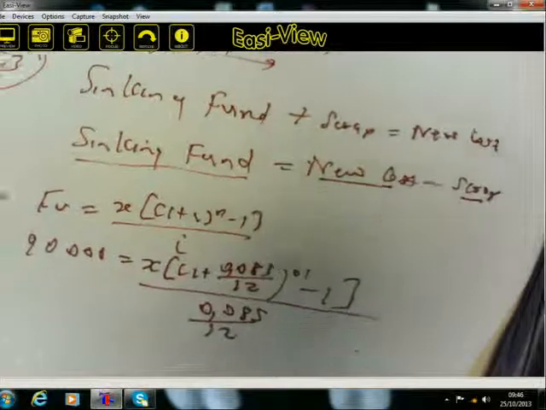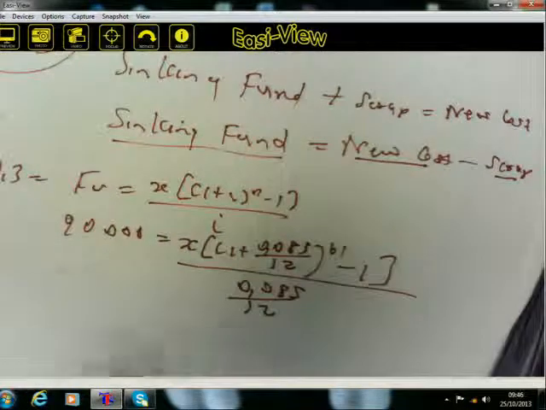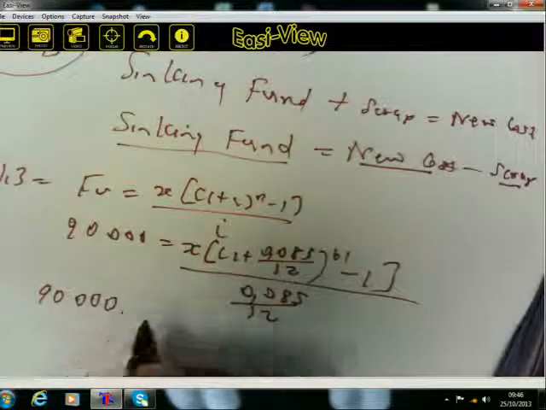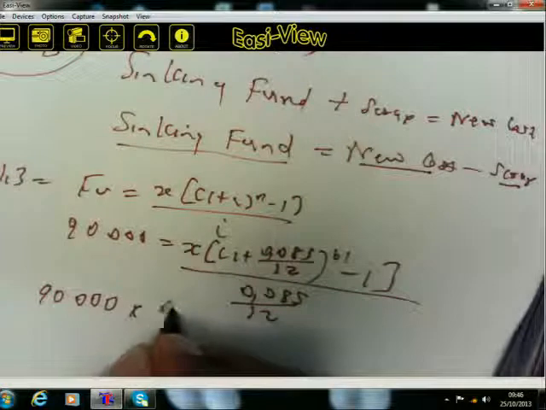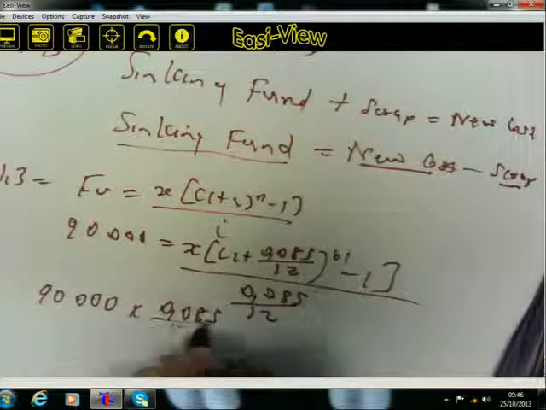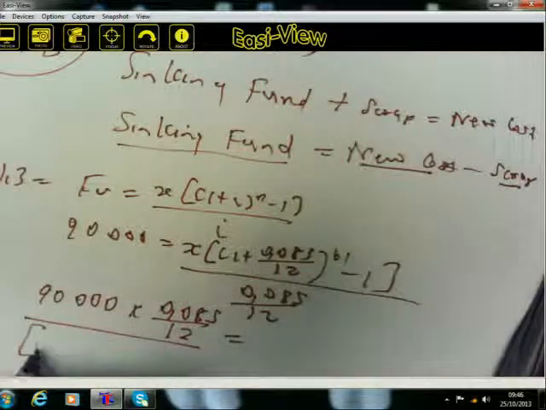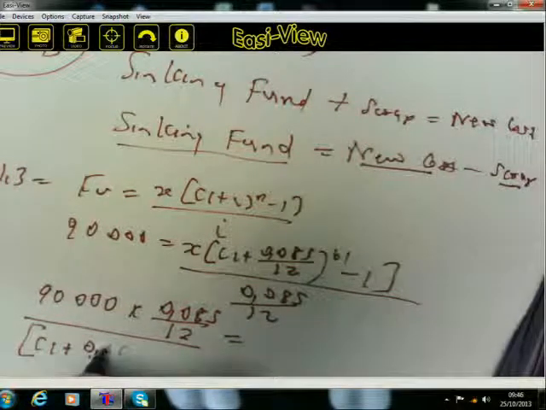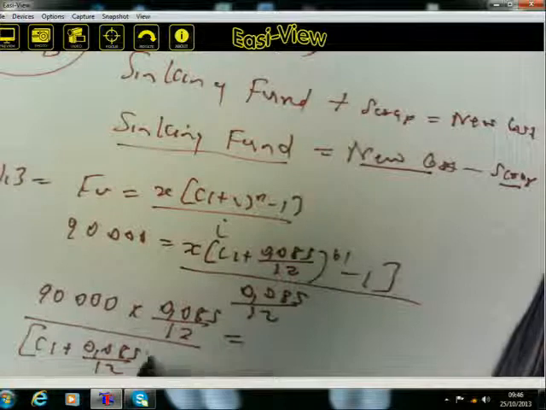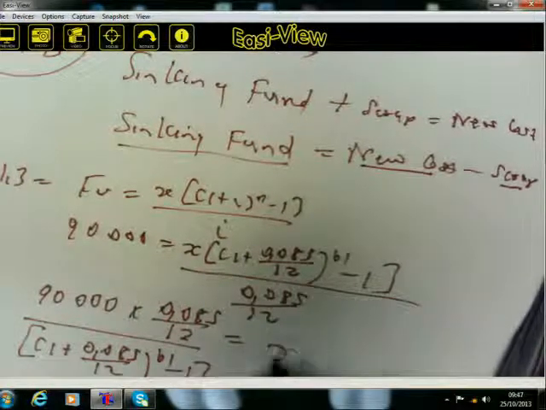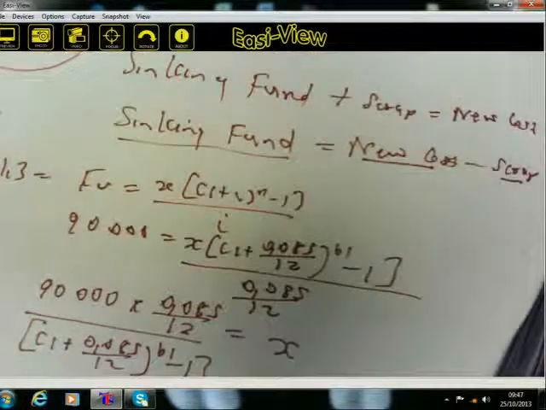Good people, from here, cross multiplication: you can take 90,000, multiply it by 0.085, divide by 12, and then divide by 1 plus 0.085 over 12 to the power of 61, then minus 1. Then you have x as the subject of the formula.